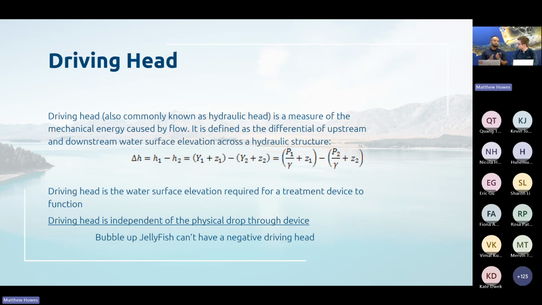A good example here is, as Matthew just explained earlier, the jellyfish system. Sometimes you can have a bubble up configuration through the jellyfish, so the driving head would still build up higher than the outlet invert. It doesn't mean that you would have a negative driving head. So physical drop and the driving head are completely two different things.